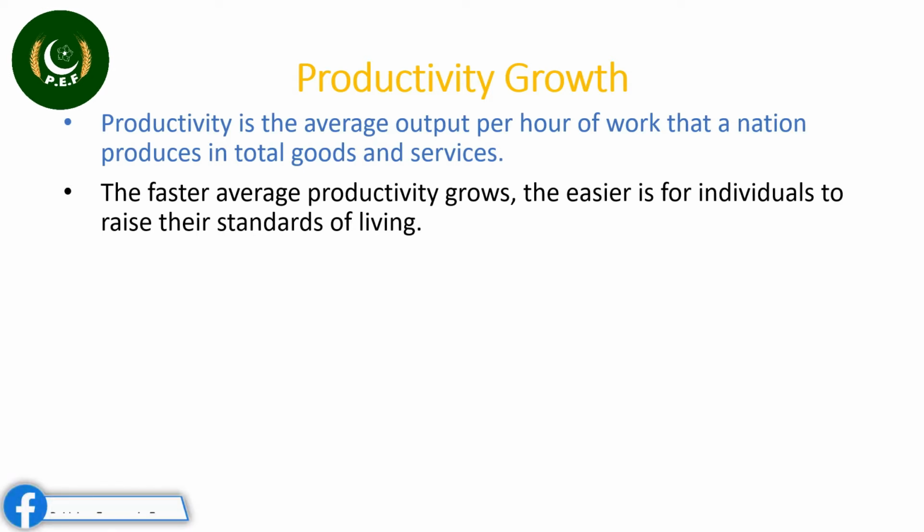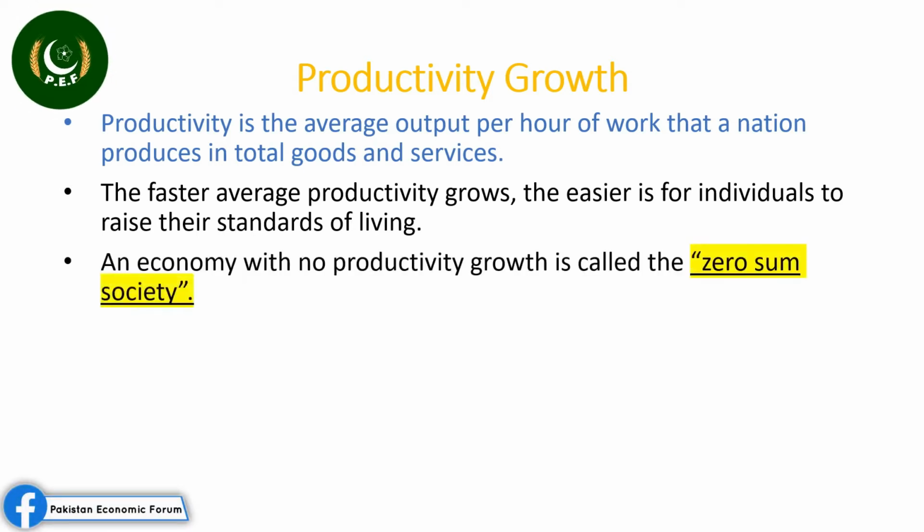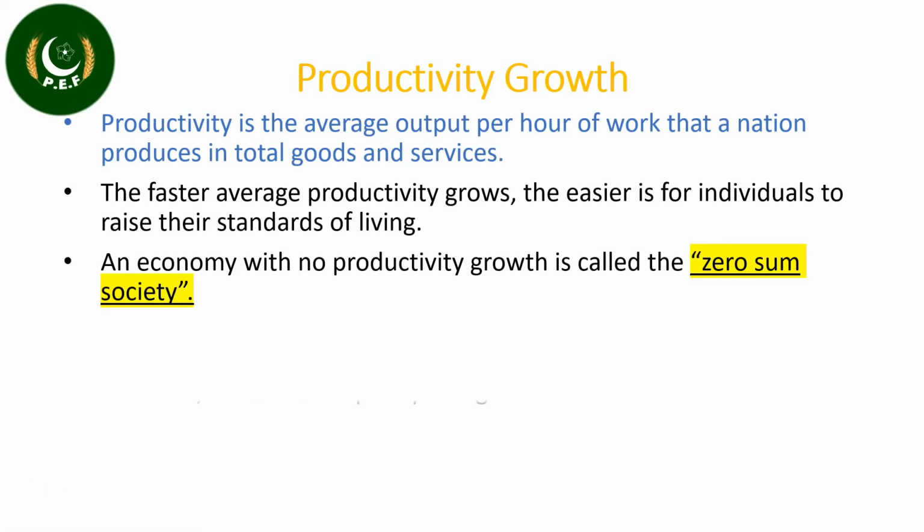An economy with no productivity growth is called a zero-sum society. In such an economy, any extra good or service enjoyed by one person requires that something else is taken from another person. For example, in order to build more houses, the economy has to sacrifice something else, for example, building fewer hospitals.